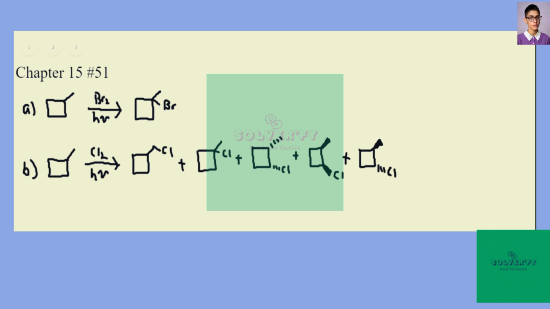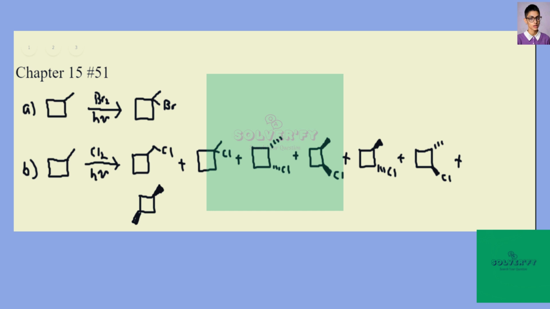So like this and like this. Okay, and then we can also get addition at a different carbon, and that's going to give us potential cis and trans isomers as well.